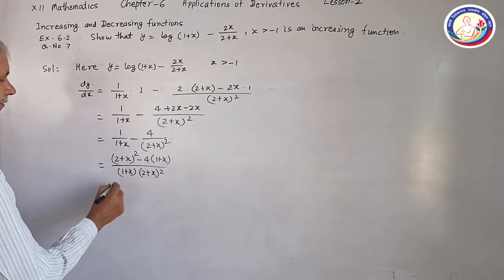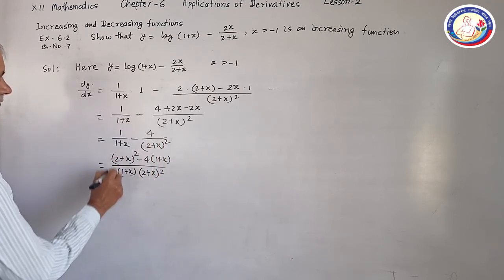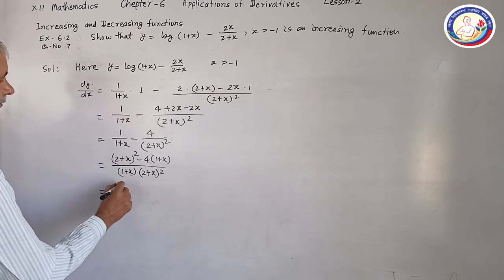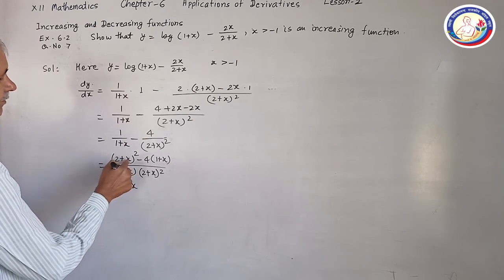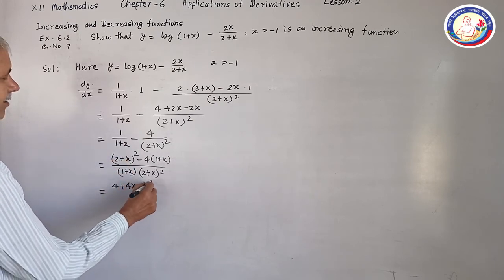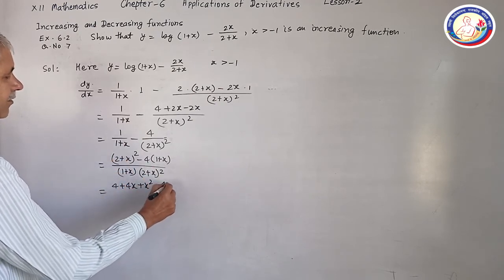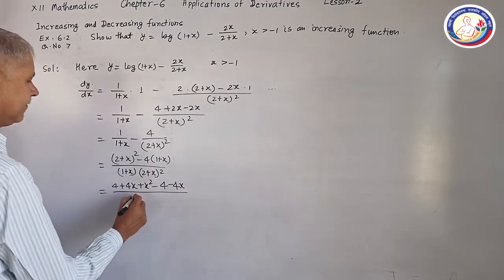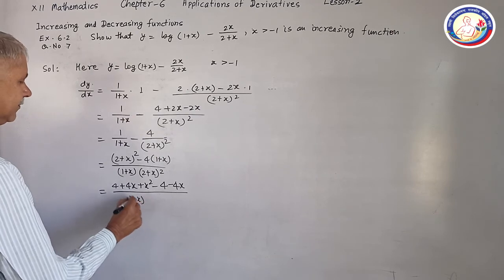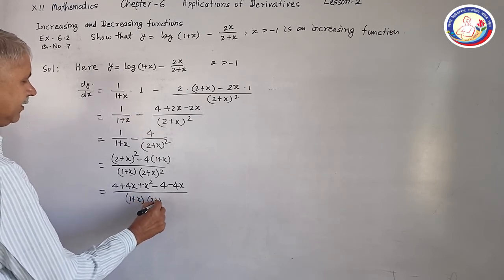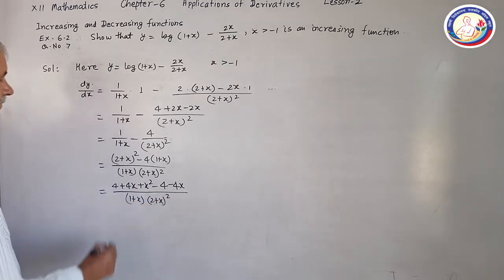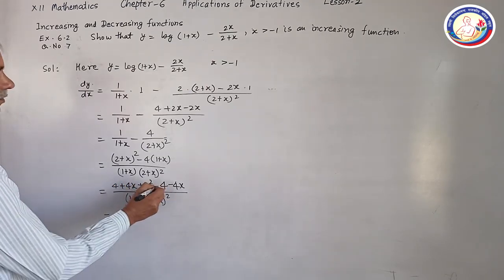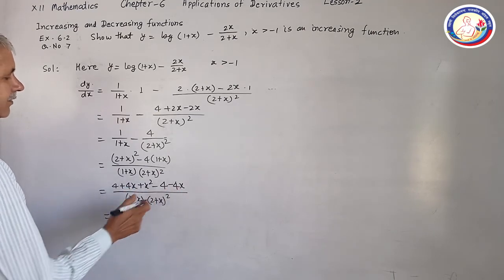Now further: square of 2 is 4, product of these two into 2 is 4x, and square of this term is x square, minus 4 minus 4x, divided by (1 + x) into (2 + x) whole square. 4 cancels with 4, 4 minus 4 is 0, and 4x minus 4x is 0.